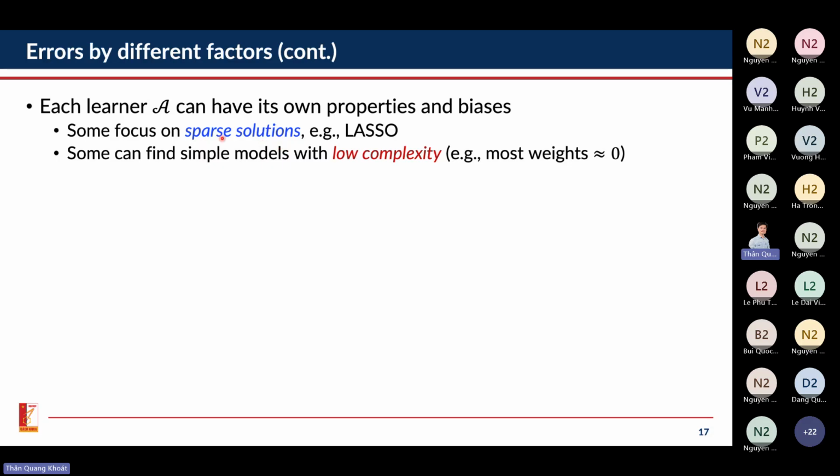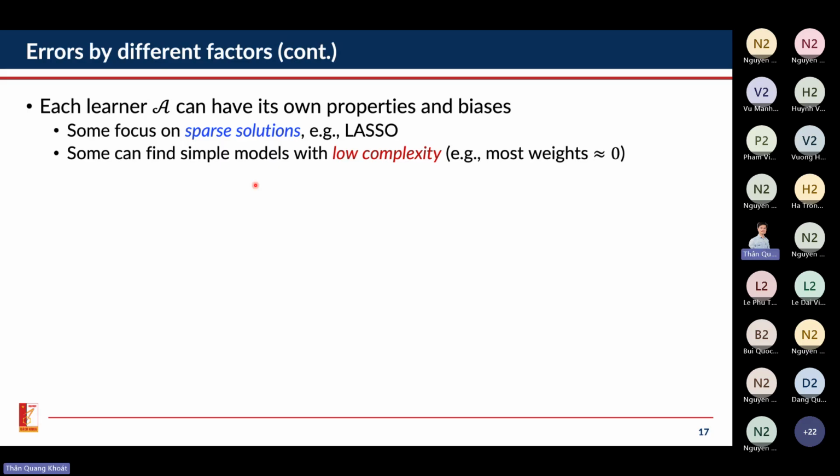This is one kind of bias of a learner, right? We just focus on sparse solutions. So this means that in practice, each learner can have some bias, some specific preference, and it can produce a trained model with some special property, right? This is just one example.